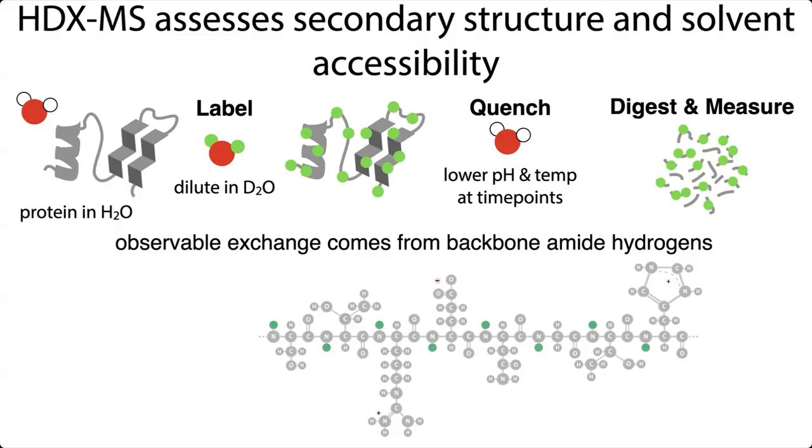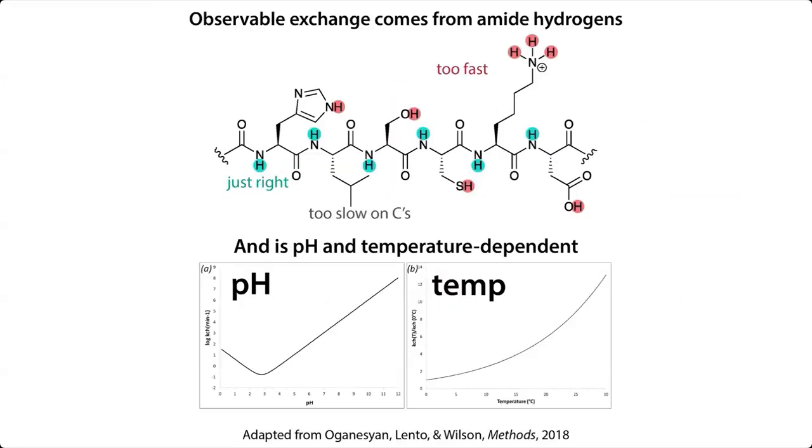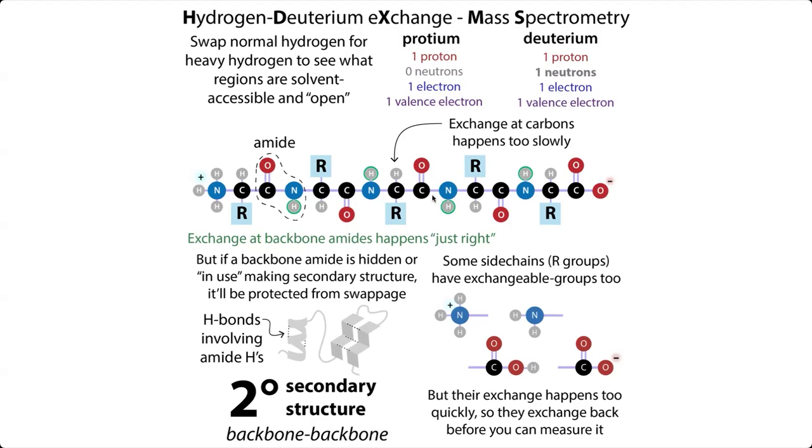But as we'll see, the hydrogens on the oxygens and the nitrogens in your side chains are going to exchange too quickly, and those attached to carbon are going to exchange too slowly. The ones at the amides happen just right. These are going to be slower than the ones in, say, a primary amine in your amino acid side chain, because the peptide bond, this amide bond, is stabilized by resonance, so these are going to exchange more slowly than the side chain nitrogens.